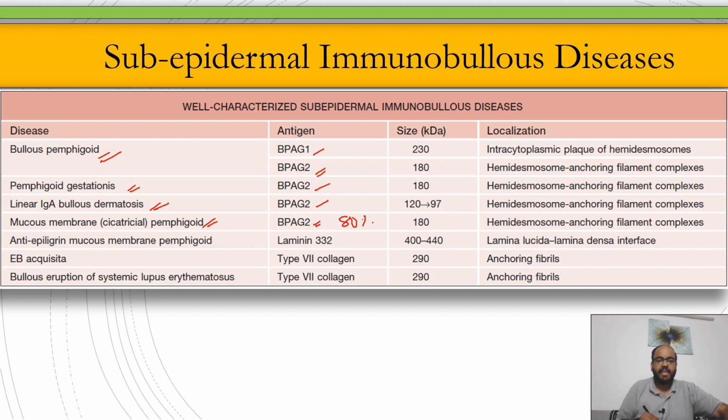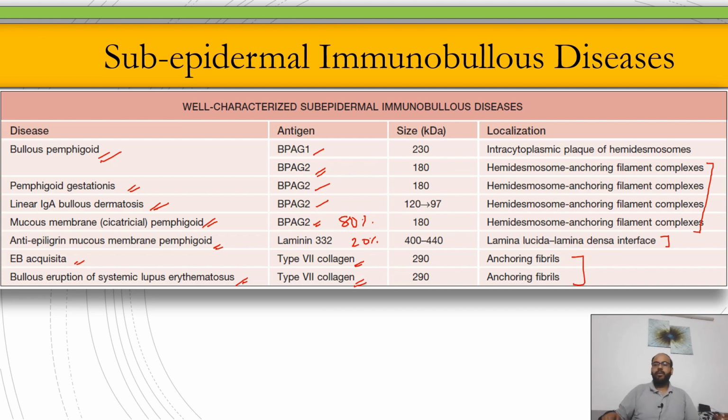Anti-epiligrin mucous membrane pemphigoid, roughly about 20% of cases, in which the antibodies are against laminin 332. Epidermolysis bullosa acquisita against type 7 collagen, and bullous eruption seen in SLE against type 7 collagen. Okay, these are at the level of hemidesmosomes and lamina lucida. Then you have the lamina lucida lamina densa interface, and then you have the papillary dermal area.